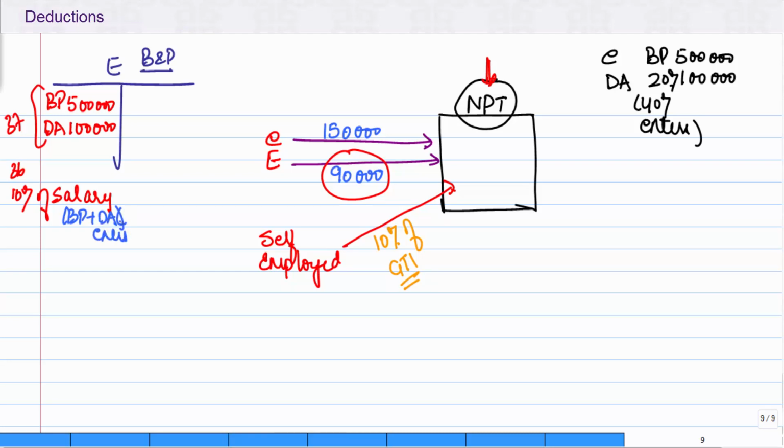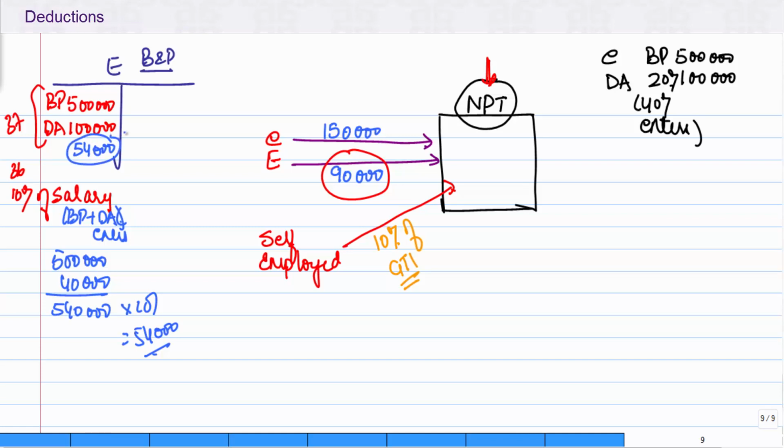So we say 5 lakhs is the basic pay, DA entering is 40,000. Therefore, 5 lakh 40,000 into 10% is equal to 54,000. So as you can see, the employer has paid 90,000, but the deduction allowed to him is only 54,000.